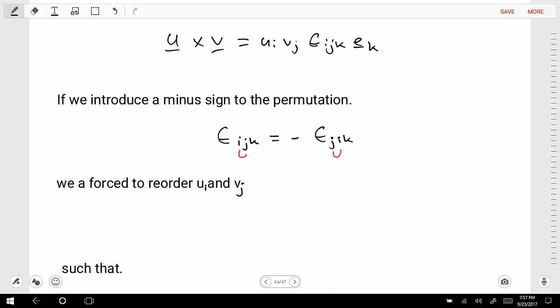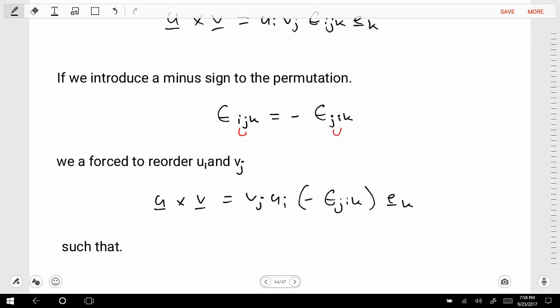So we'll end up with V_j U_i negative epsilon ijk base vector k, if we wanted to have consistent indices.